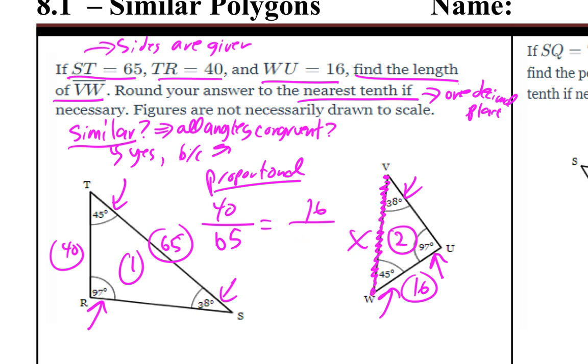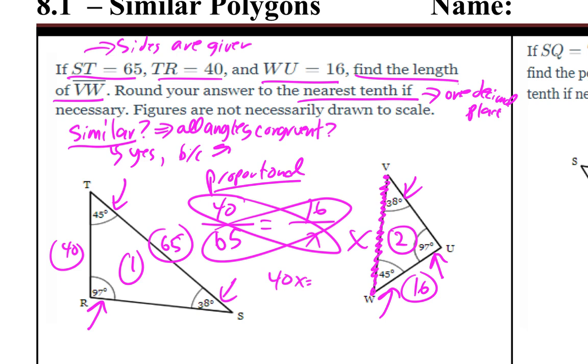Now we're just going to cross multiply. 40 times x gives you 40x, and then 65 times 16 is going to give you 1040. The last step is just to divide, and that's going to give us x equals 26.